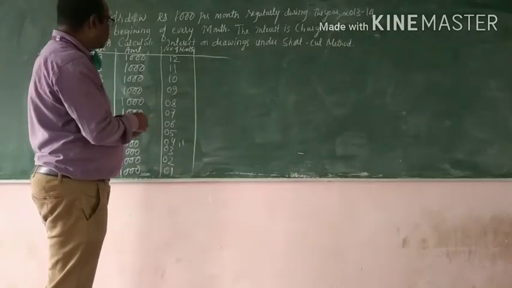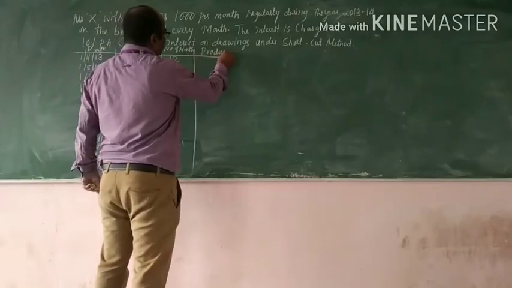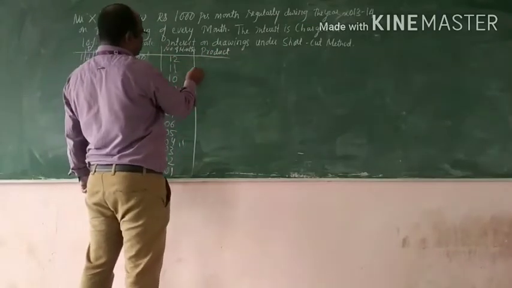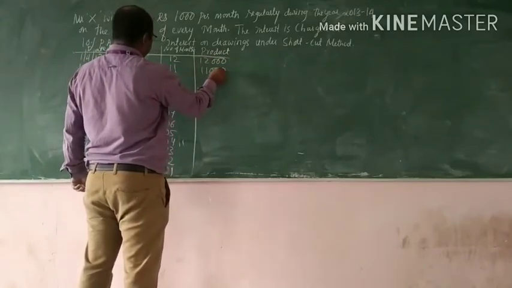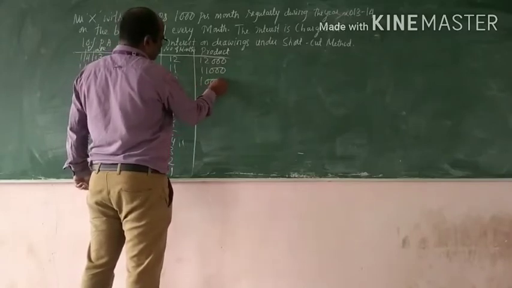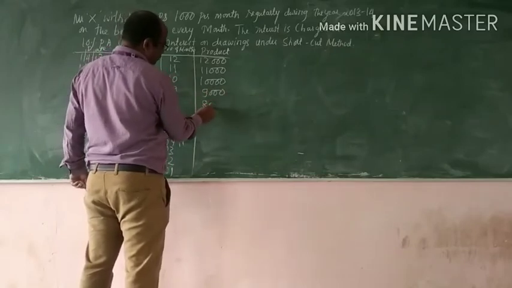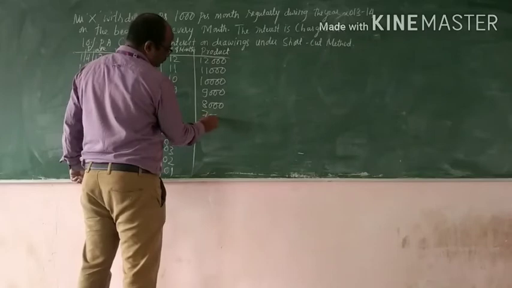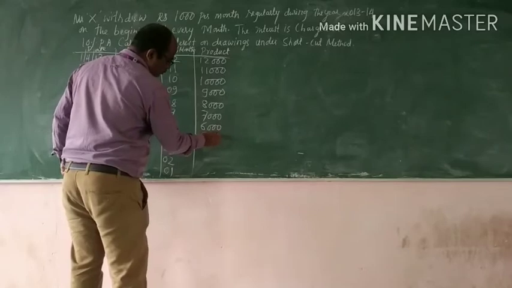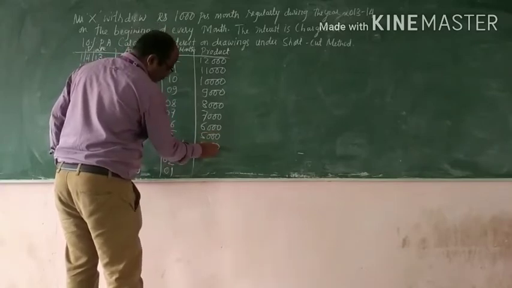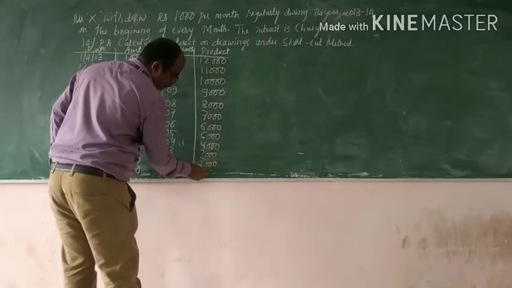Now we will calculate the product, equal to amount into number of months: 12,000, 11,000, 10,000, 9,000, 8,000, 7,000, 6,000, 5,000, 4,000, 3,000, 2,000, and 1,000.